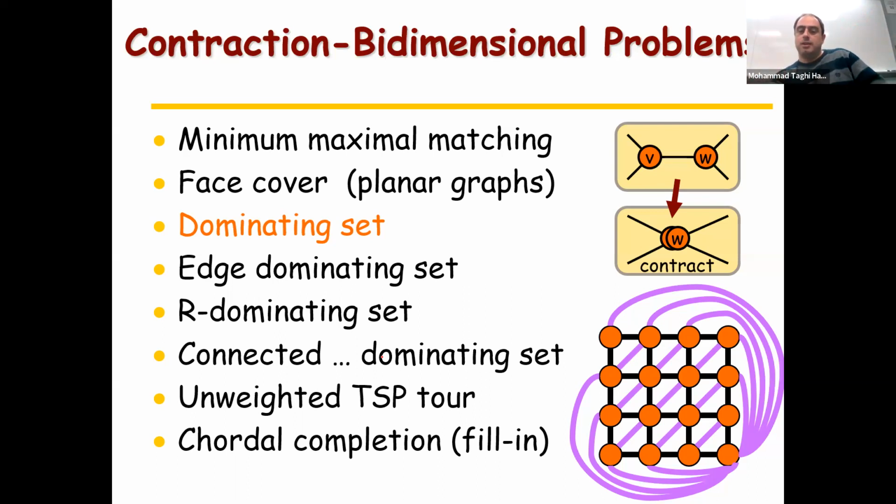Another very important one is diameter. Diameter is another parameter which is contraction closed. If the diameter of the graph is K and you contract an edge, it would remain at most K. But if you delete an edge, the diameter may go up. This is a very important parameter.